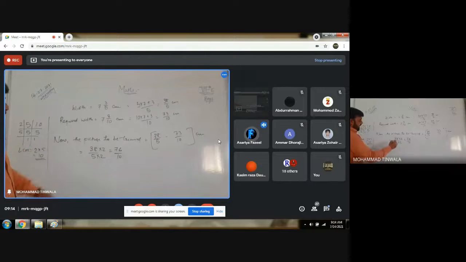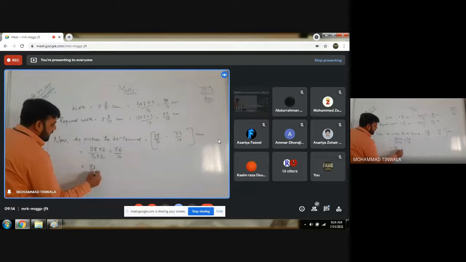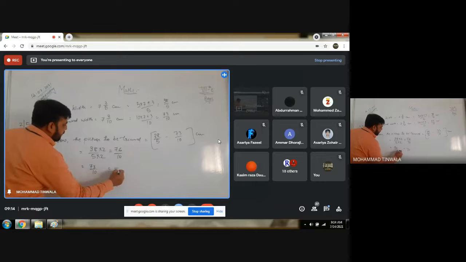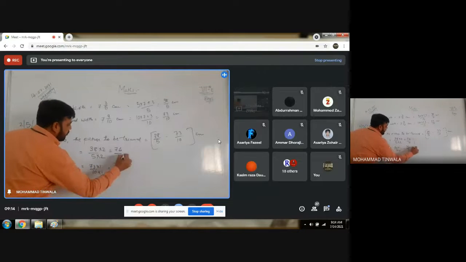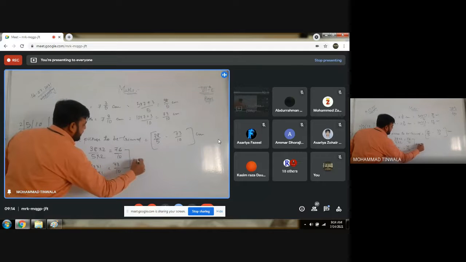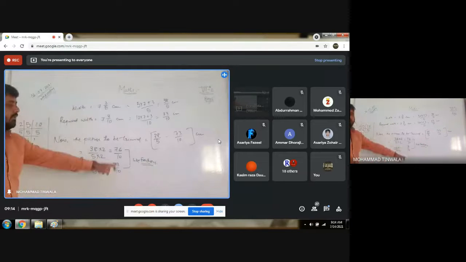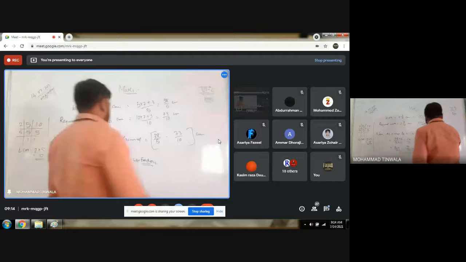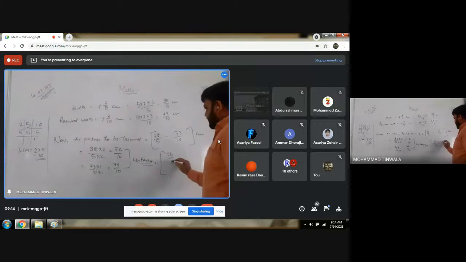The second one is 73 upon 10. 10 to reach 10 will be multiplied by 1. So do we have like fractions here? Now we have like fractions. Now can we subtract this?